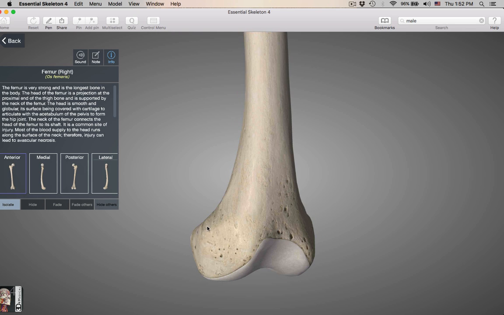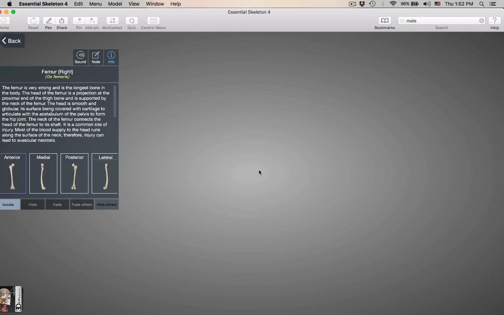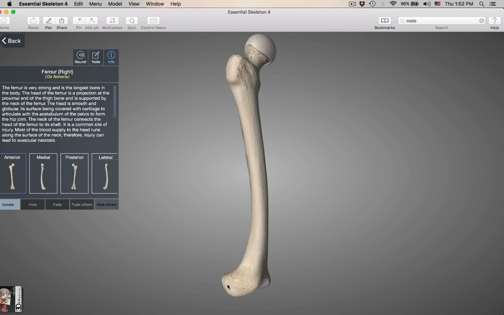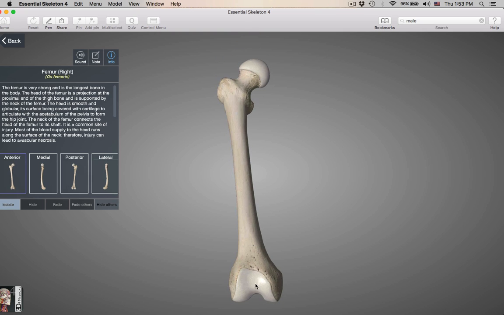Here you can kind of see it, medial epicondyle. The patellar surface, we've already done that. This is the patellar surface. This is always anterior.